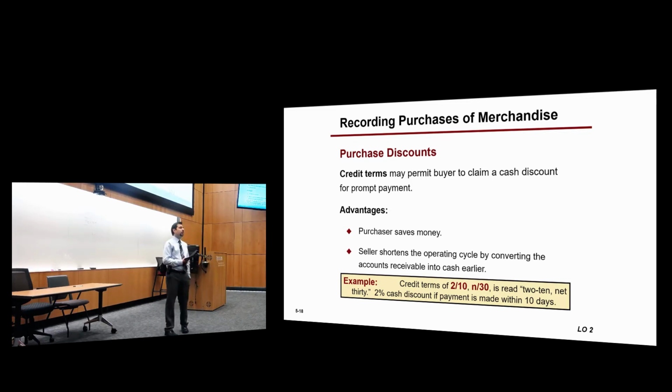While they are going to lose some money, this 2%, they gain the advantage of shortening the operating cycle. They shorten the time that they need to collect the money. Instead of waiting 30 days, now they will receive it within 10 days. They can use this money to buy new inventory and sell it.